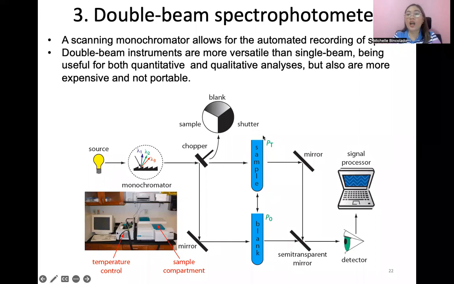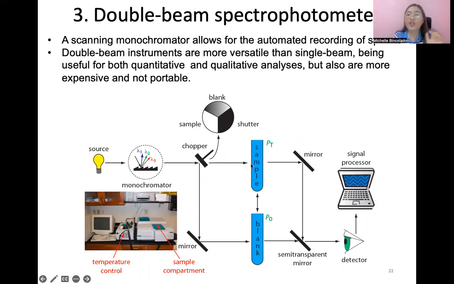And then, eto na nga yung double beam. Double beam instruments are more versatile than single beam, being useful for both quantitative and qualitative analysis, but are more expensive and not portable. As you can see guys, sa maliit na picture dito, mas malaki ng kaunti yung version ng double beam. So in this diagram you will see guys, we have here our monochromator, kitang-kita guys yung diffraction grating, and then we have optics for the light to be divided into 2, para siya ma-split.